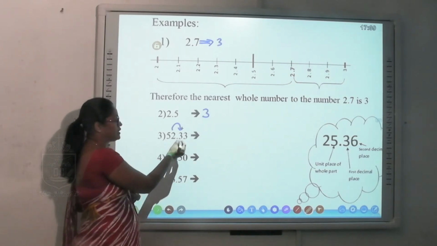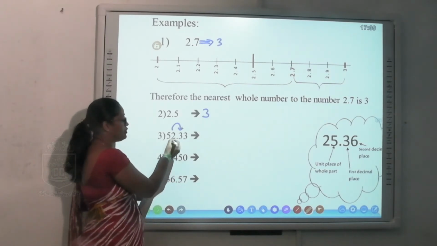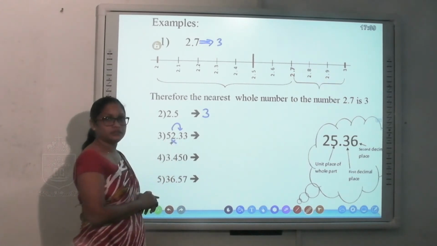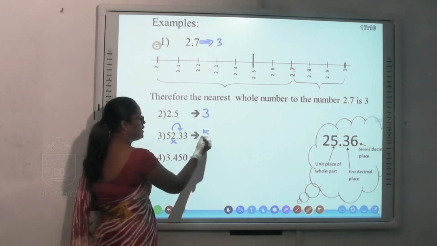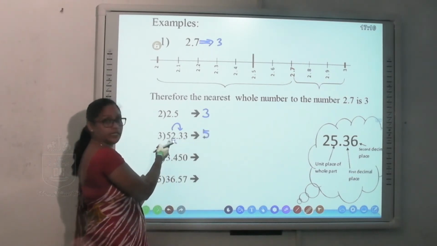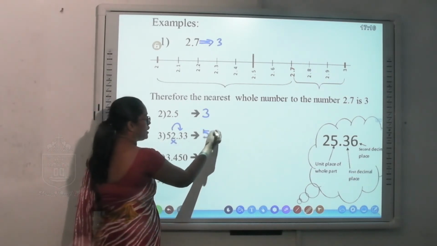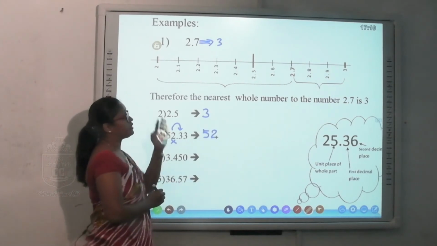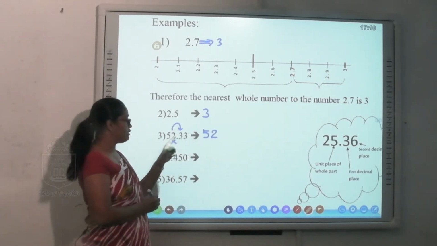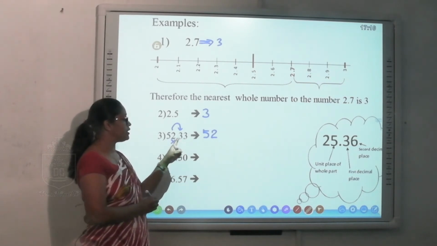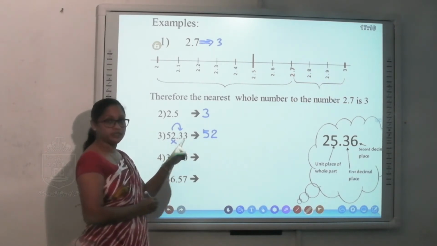Now you can see this is less than 5, therefore we don't add any number to this place. So the answer will be 52, right? I won't add any number to this, so this will remain 2 because we are rounding off to the whole number. That means after the decimal place I have to put 0.